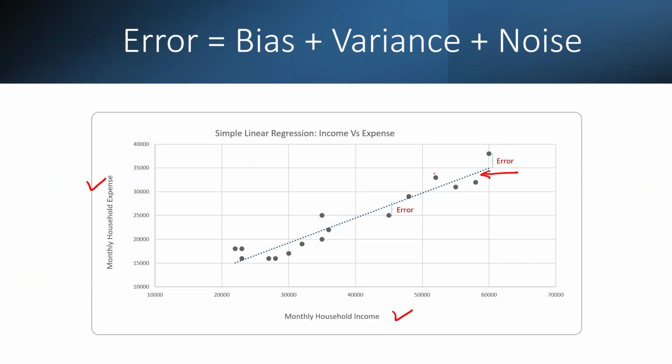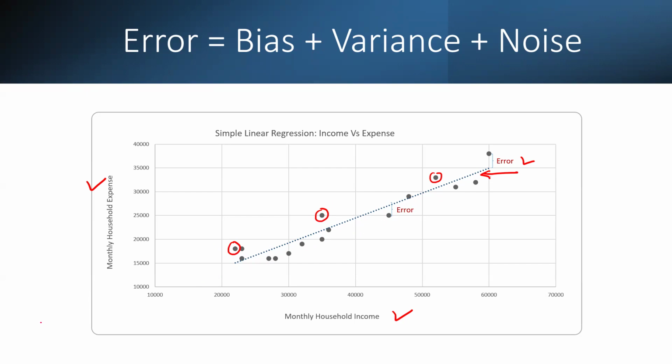The gray colored dots are your actual data points. The blue line shows the predicted value. The difference between the actual and the predicted is an error.